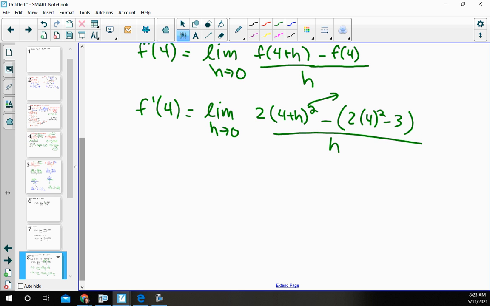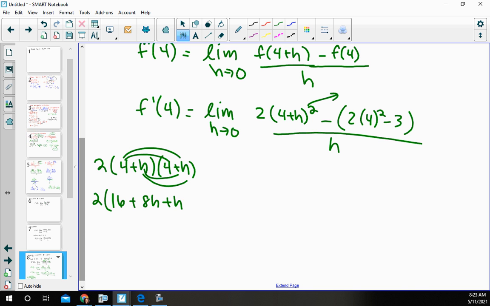So I'm going to do it over here actually. So 2 times 4 plus h, write it out twice. We leave the 2 out there and we work this set first. So that gives me 16 plus 8h plus h squared. Then I can send my 2. Okay, I'm going to go up and replace that one spot right there.